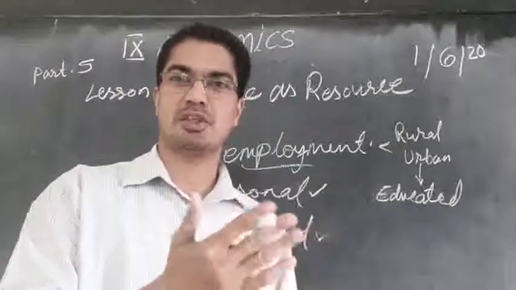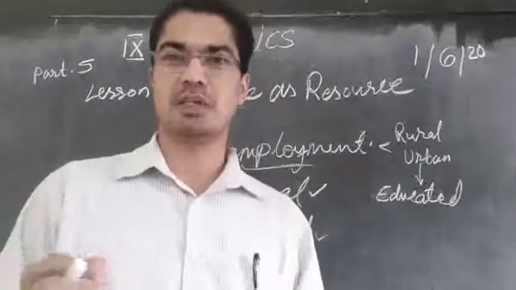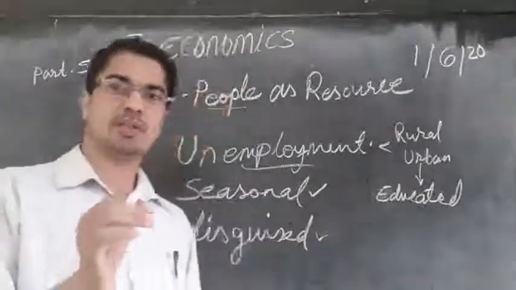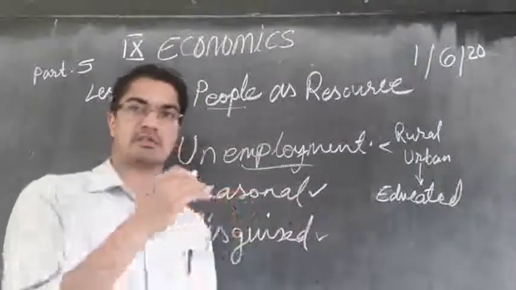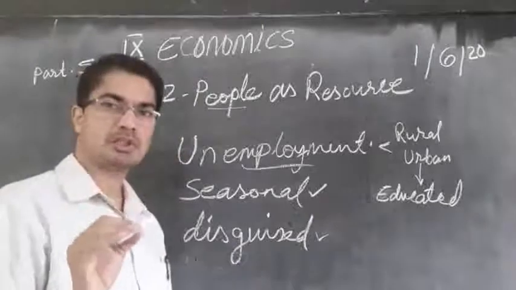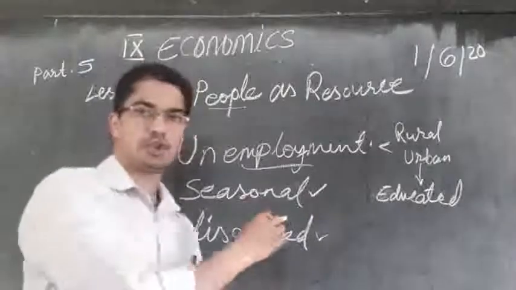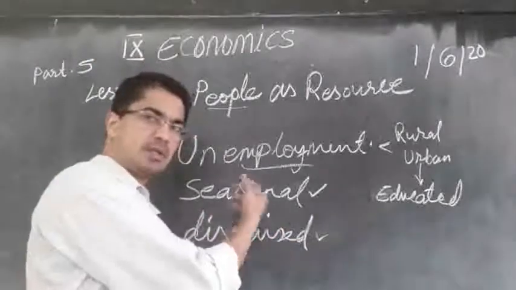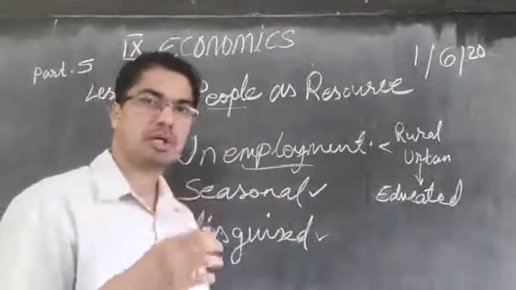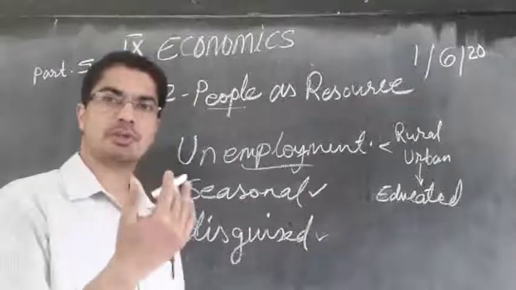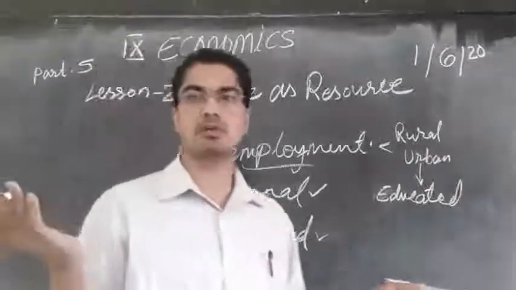And what about the rest months? In a year there are 12 months, and just 5 months only these farmers have got work. So in that season, cultivation season or monsoon season, they have got job. And once that monsoon season is over or cultivation season is over, they have no more job. So the rest of the 7 months they are sitting at home, nothing to do.